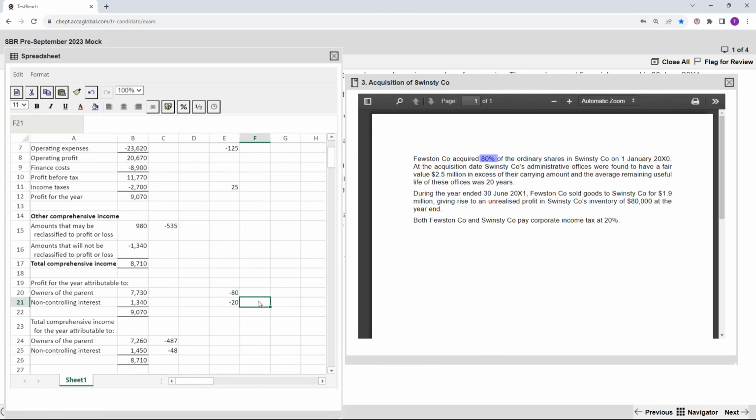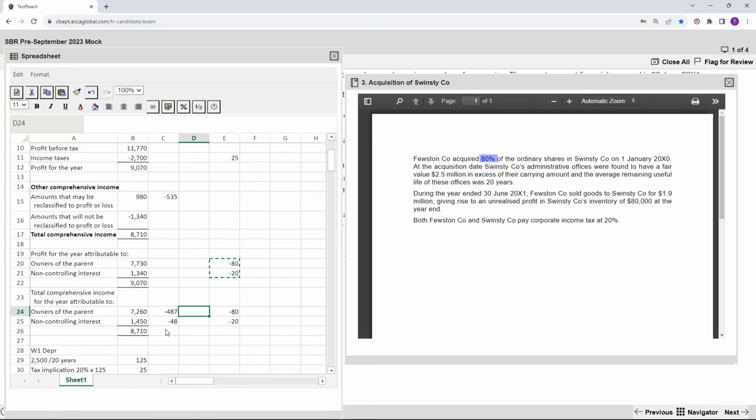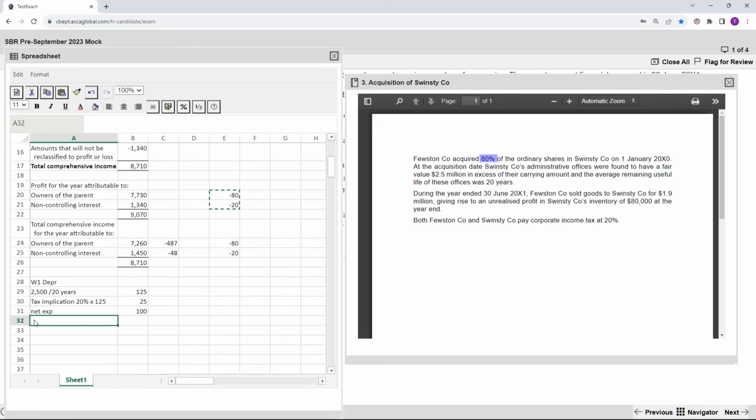And if it's affecting the profit for the year, then ultimately, it also affects the total comprehensive income attributable to both. Ultimately, maybe we should show a working. So this is an 80% sub, and because it's an 80% sub, then to the parent, this is going to be 80, and then to the NCI, it's 20% of 100.